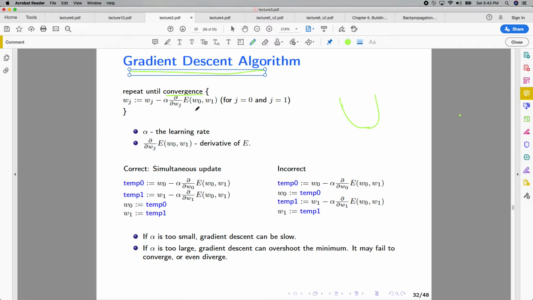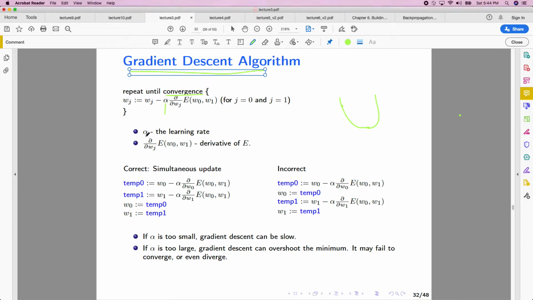So in this case, we're taking a simple example. Say for instance, we have just the bias and just one weight, W0 and W1. So what we do, you take a partial derivative of the error with respect to the first weight, which is W0. And once you get that value, you multiply it by the learning rate, which is alpha.